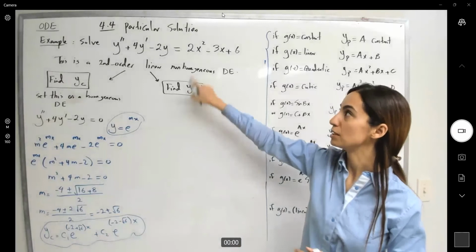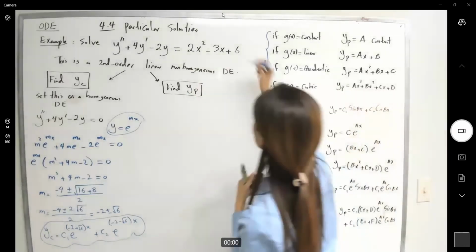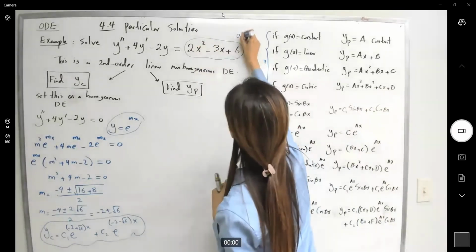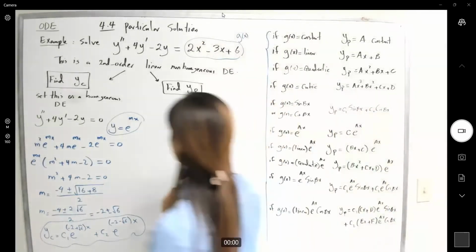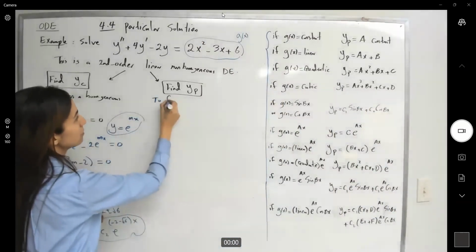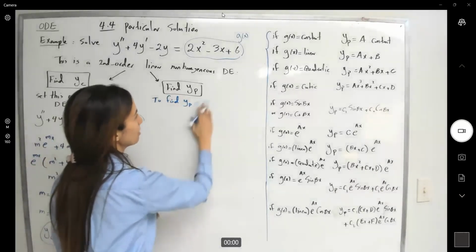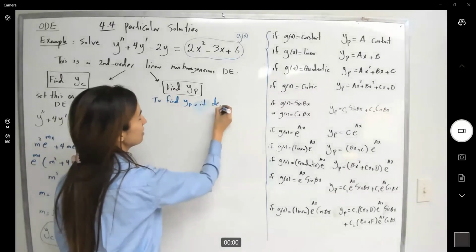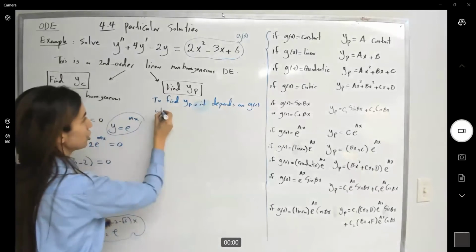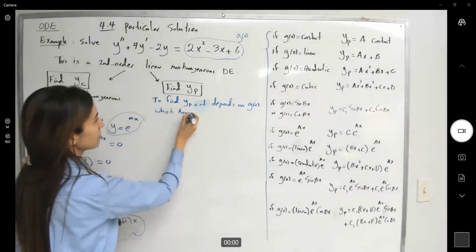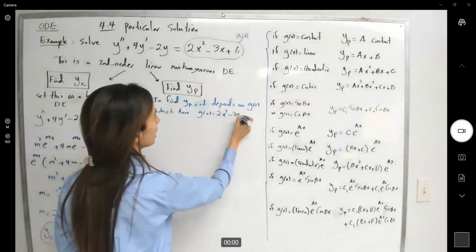That y sub p depends on g of x. We have to look at the classification for g of x, which here is 2x squared minus 3x plus 6.